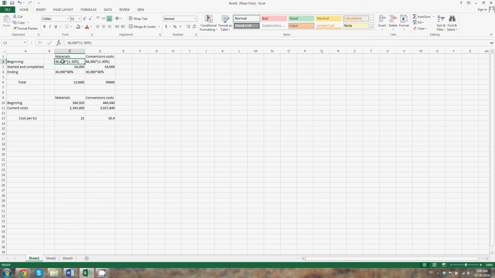Since our beginning is 30% complete, we consider the whole process like this. We need to finish up the beginning first. Since this one is 30% completed, we need to add an additional 70% of direct materials and an additional 70% of conversion cost.